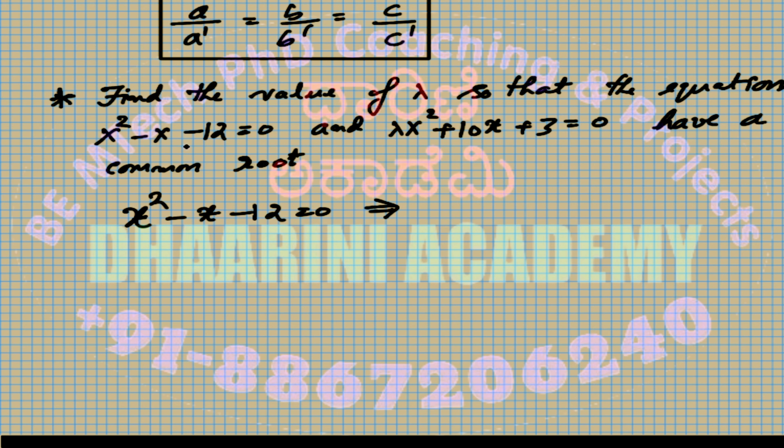So let us factorize this. The difference is -1, so 4 and -3 should be the case. So x minus 4 into x plus 3 equals to 0. So the roots are x is equal to 4 comma -3.